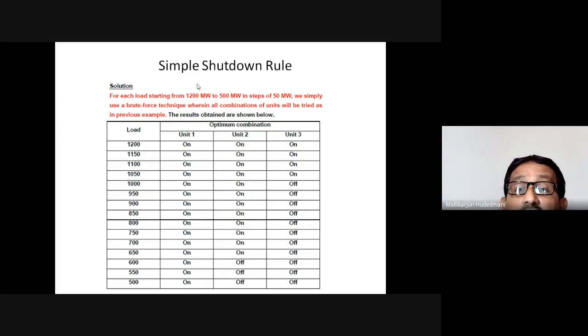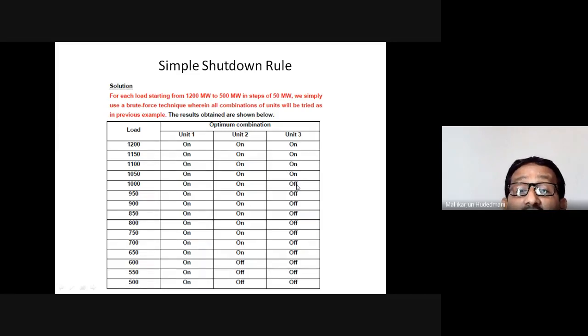With due regard to this, when the load is, say, 1200 megawatt, for example, all the generators are on. When the load decreases to 1150, let all be on. Let's see, the load is coming down from 1200 megawatt in steps of 50. When the load reaches 1000, generator 3 is eliminated.